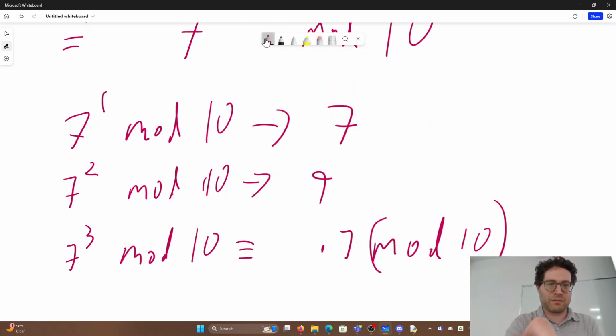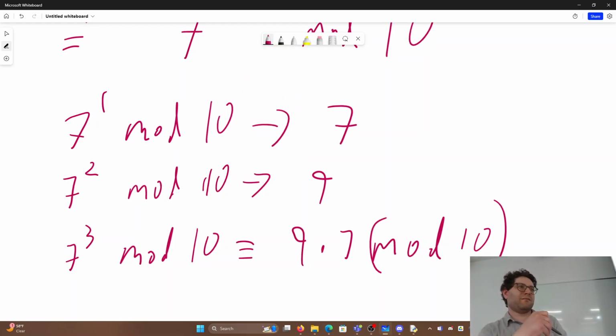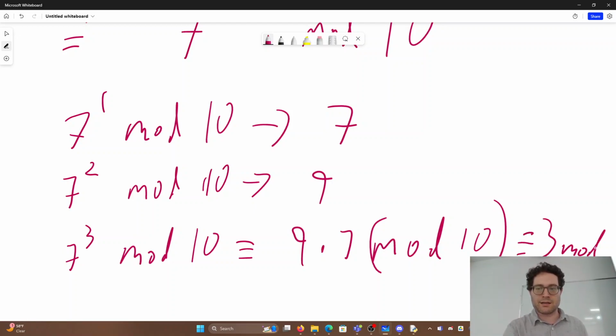So this would be 9 times 7 mod 10. 9 times 7 is 70 minus 7, which gives us 63. So this is congruent to 3 mod 10. Make sense?